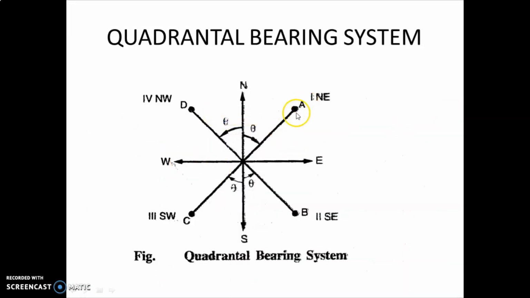Here you can see survey line OA and survey line OD both approaching towards the North Pole, and survey line OB and survey line OC both approaching toward the South Pole.